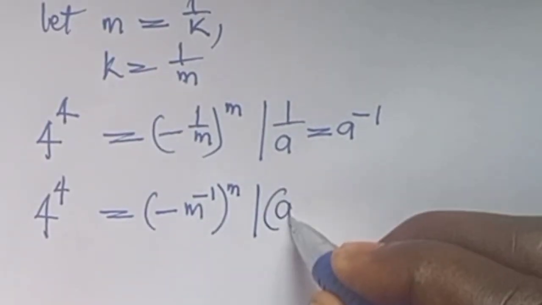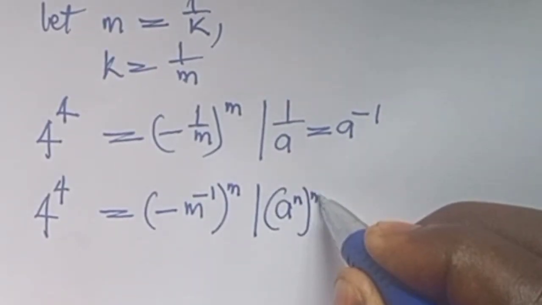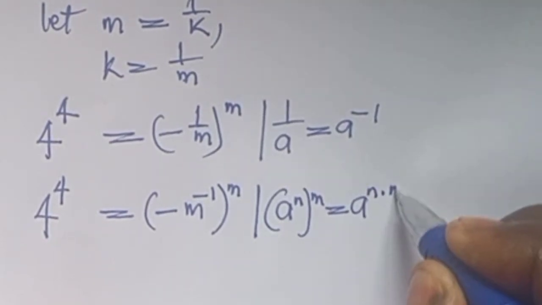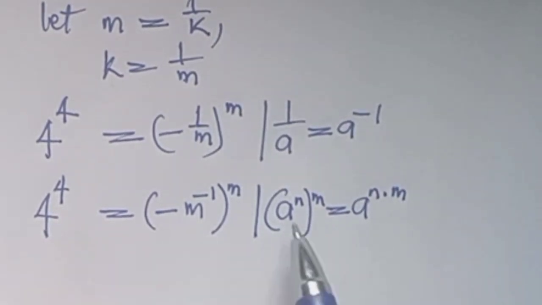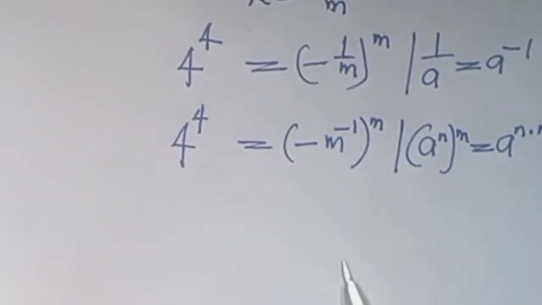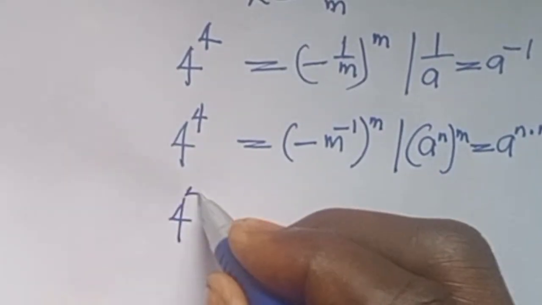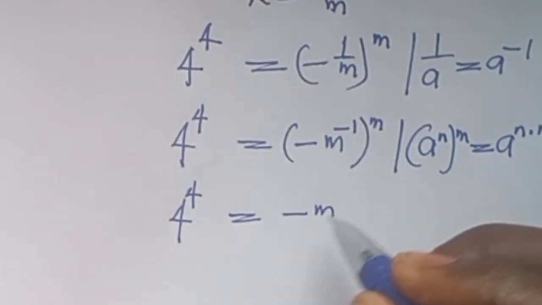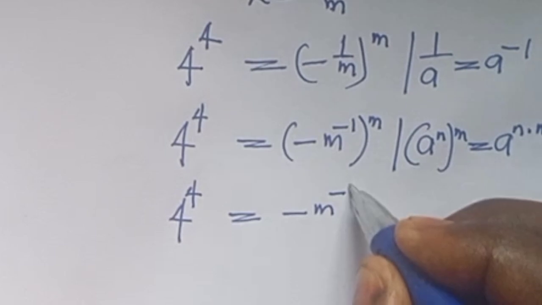Again, a to the power of n to the power of m can be written also as a to the power of n times m. So if we agree on this one, we're going to multiply minus 1 by m, so that 4 to the power of 4 therefore equals minus m to the power of minus m.